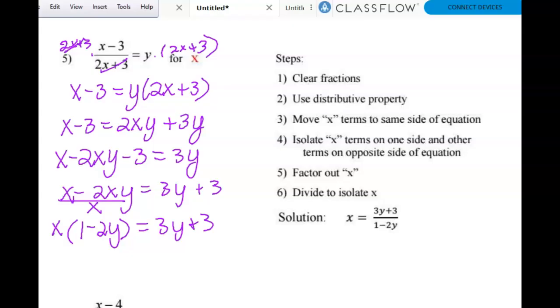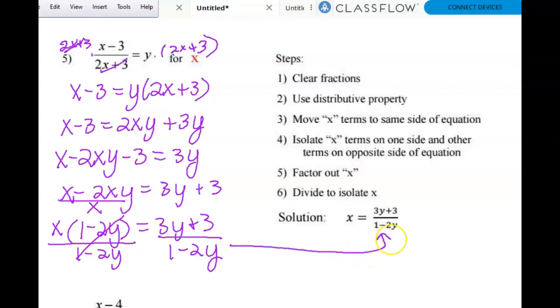How do I undo multiply? Okay. So it's a little weird, but it's okay, right? Same steps over and over.